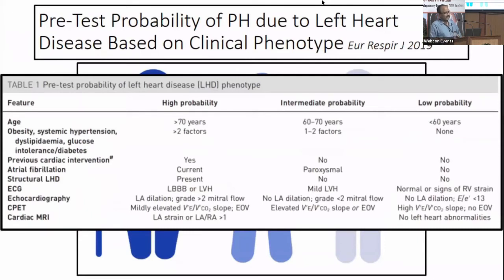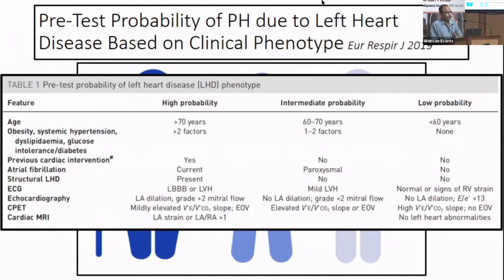So you have elderly patients who may have 2 or more of obesity, hypertension, diabetes, dyslipidemia, etc. They usually have atrial fibrillation associated with them, and they have ECG abnormalities in the form of LBBB or LVH. If your patient has a high probability phenotype, then you treat these patients as left heart disease with pulmonary hypertension.